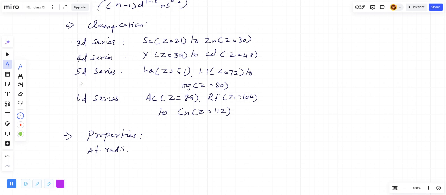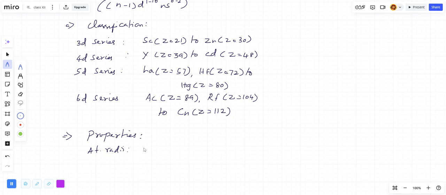First atomic radii decrease and then remain the same. The atomic radii of the third transition series are equal to the second transition series, which is less than the first transition series, due to lanthanide contraction.